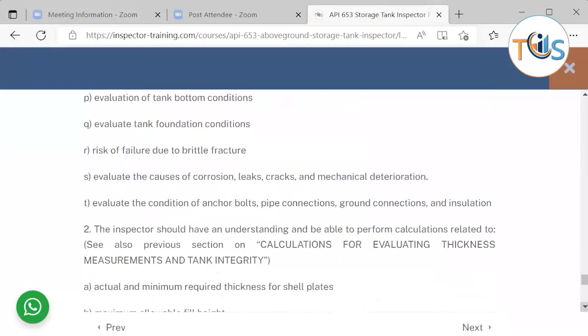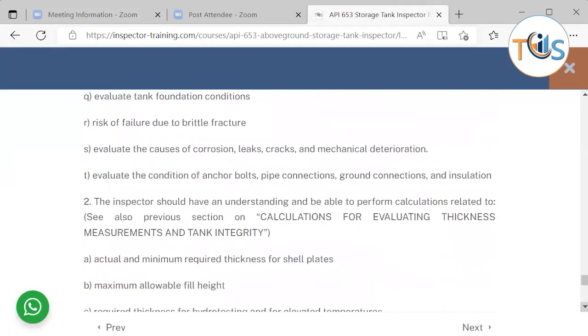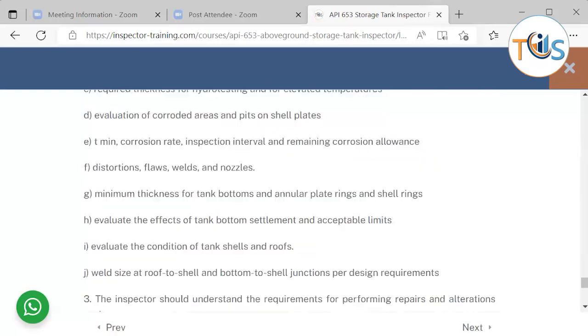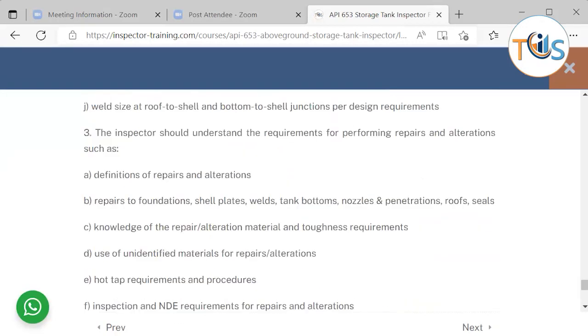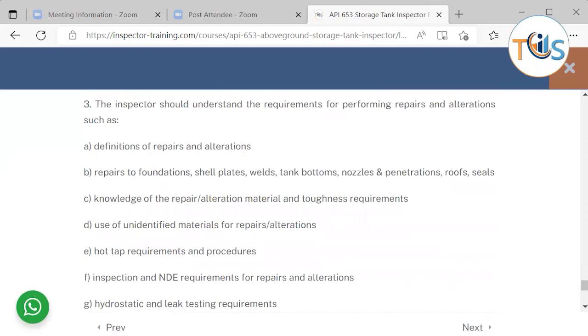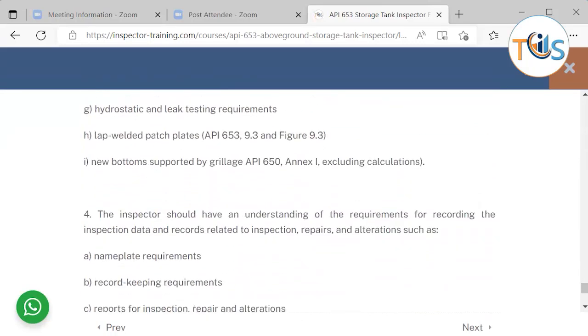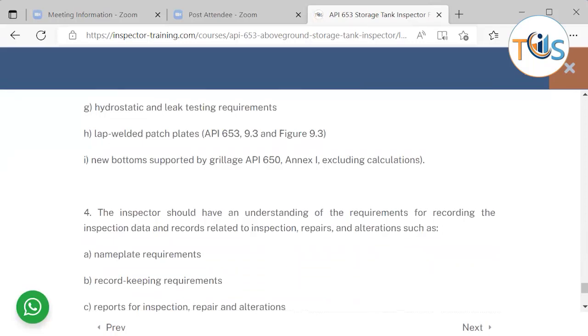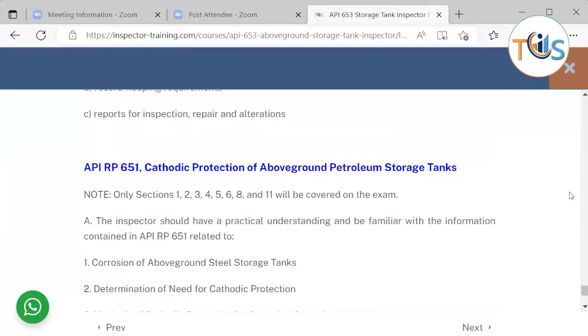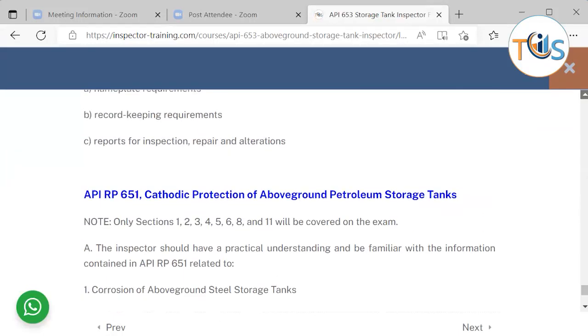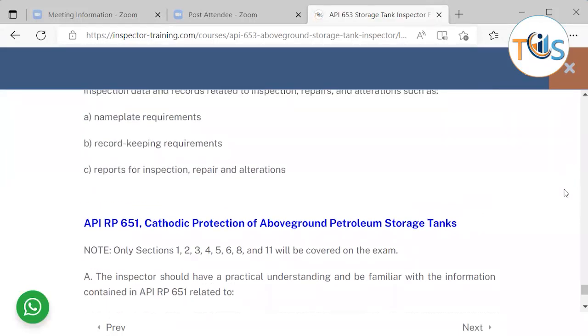The list is very exhaustive here, and calculation for evaluating thickness measurement and tank integrity, minimum thickness, use of unidentified materials for repairs and alterations, what you should do, the hydro test. You should also have an understanding of the reports, records, repairs and alteration, and nameplate requirements.